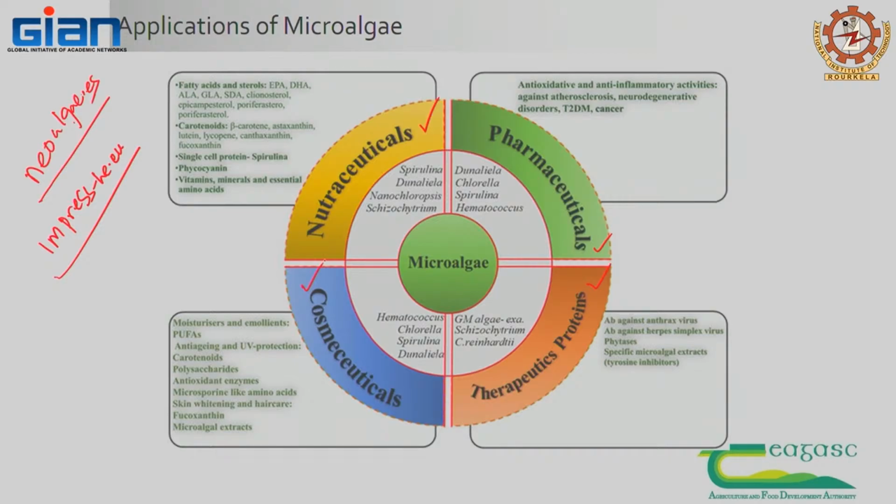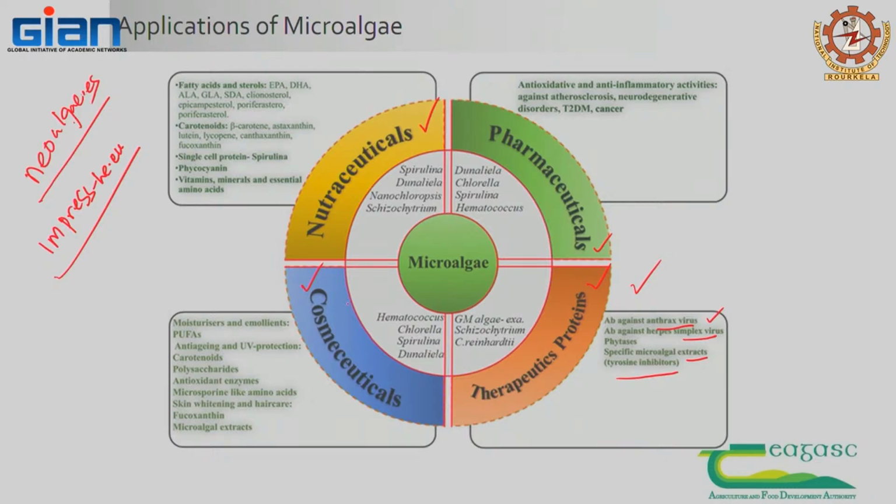Therapeutic protein means they have a lot of activity, certain proteins have shown effectivity against viruses, and certain extracts are inhibitors of enzymes responsible for weight management or metabolism activities. So there are a lot of activities ongoing at the moment for microalgal extract.